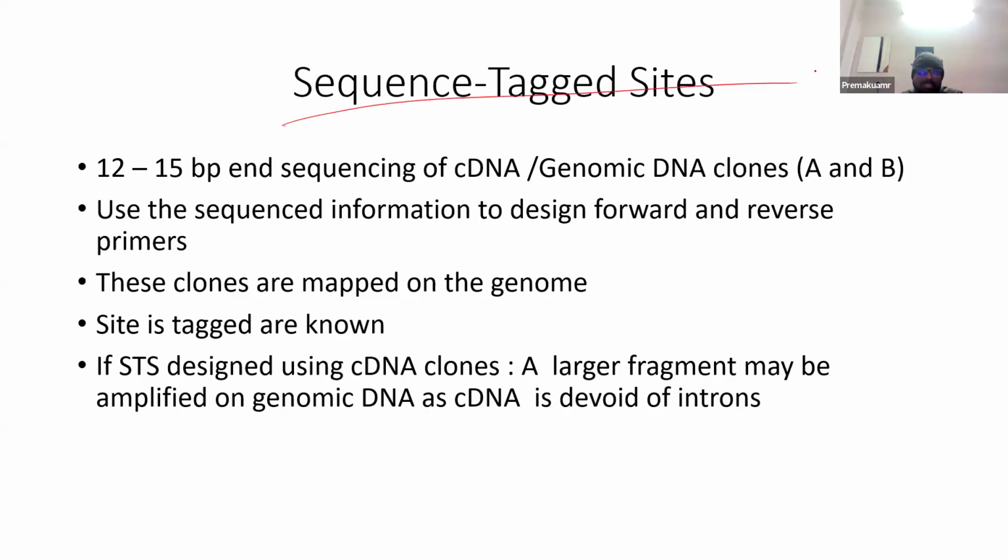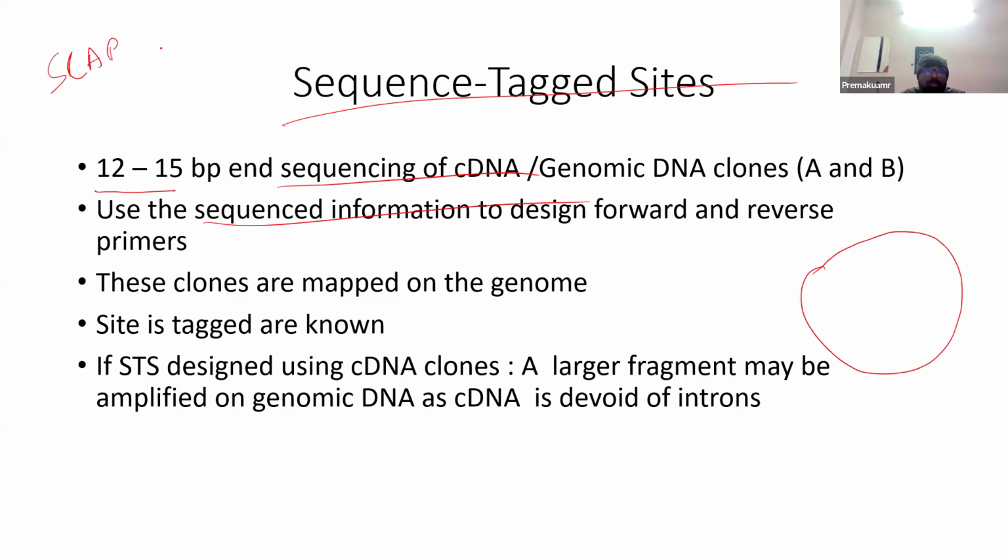Then another thing is sequence tagged sites. It means 12 to 15 base pairs of end sequence of the cDNA or genome, using the sequence information to design primers. Actually, it's a very simple marker. I told you about the SCAR marker.